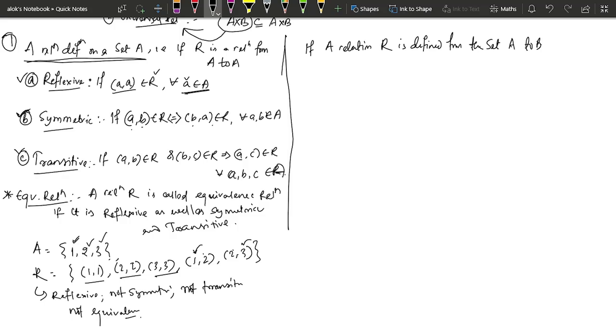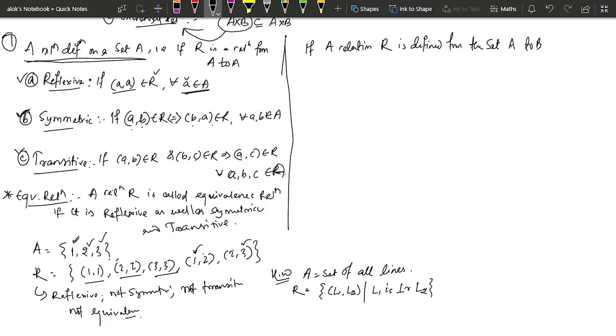Okay, so I have a homework for you all. Let A be the set of all lines, and I am defining a relation R on A, that is (L1, L2) such that L1 is perpendicular to L2.